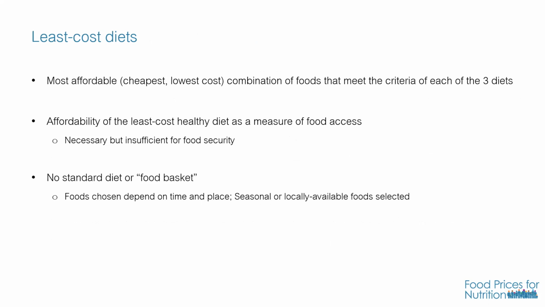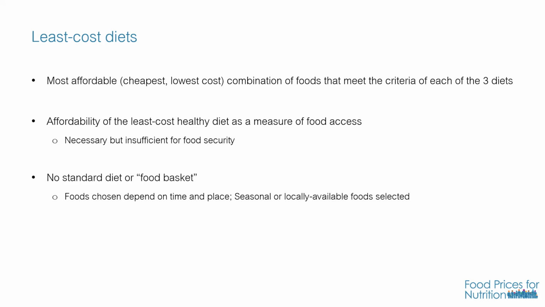And the reason for this is, again, the orientation of coming from a food security perspective, where we're talking about affordability of the least cost healthy diet, in this case, as a measure of food access. So availability and affordability. And food access is, of course, a necessary component of food security. It's not sufficient. There are other aspects of food security, like food safety, that are not a part of the conversation today.